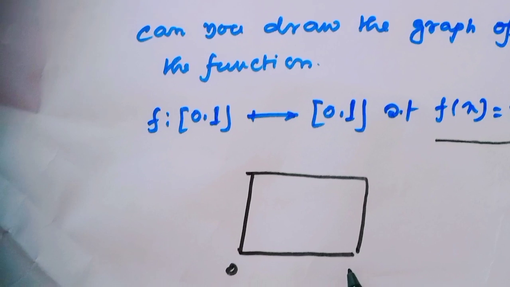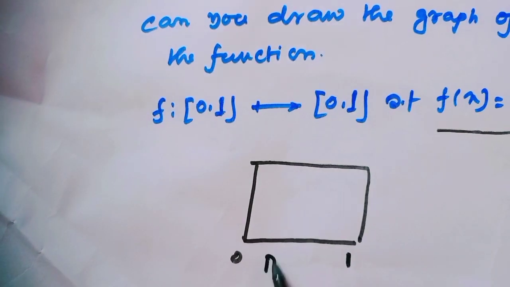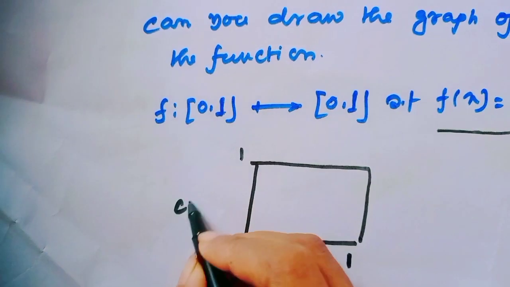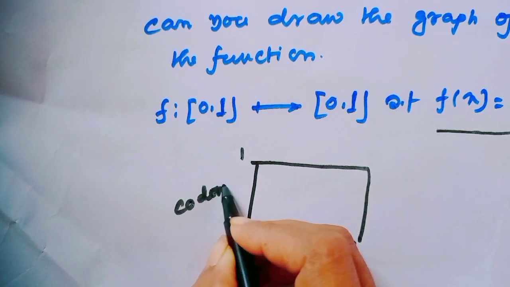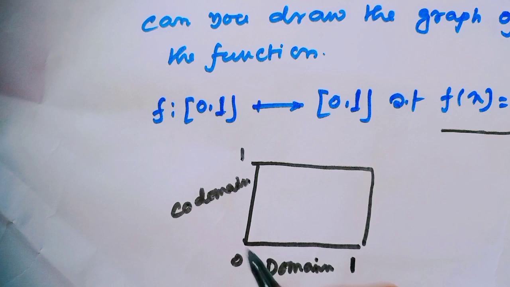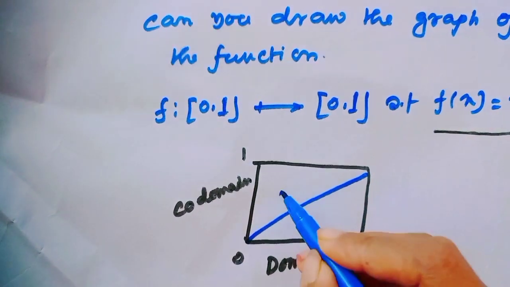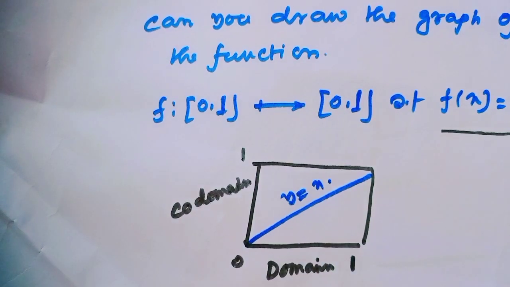Here the interval domain is [0,1]. Here also the codomain is [0,1]. And this is the line y equal to x.